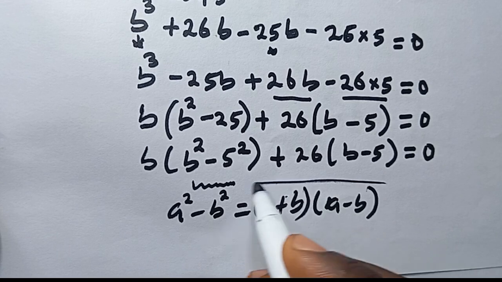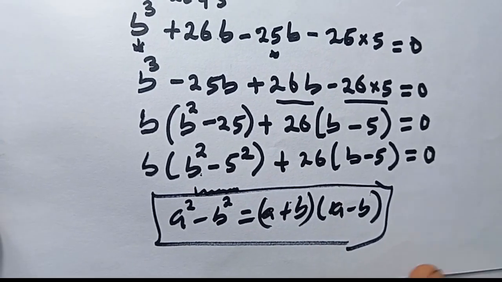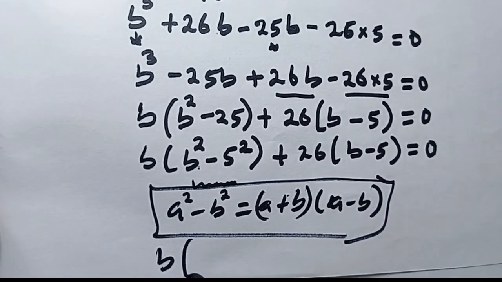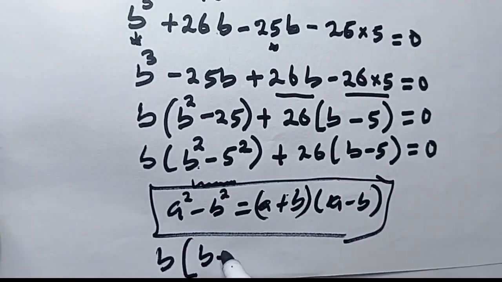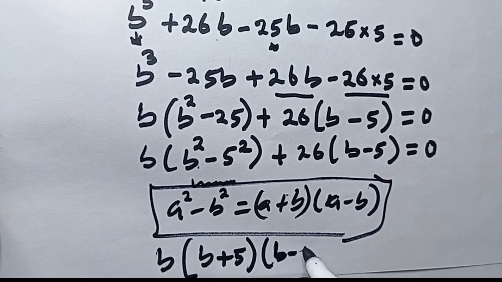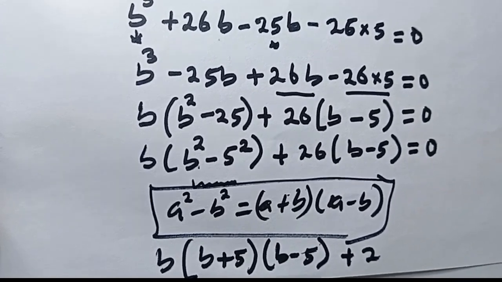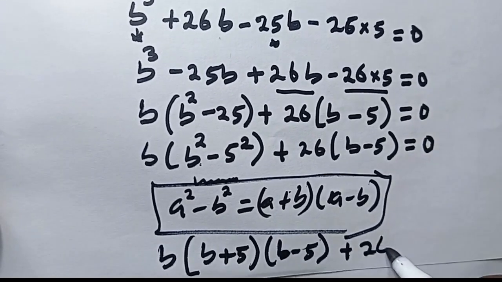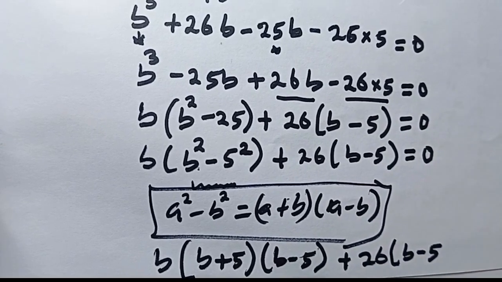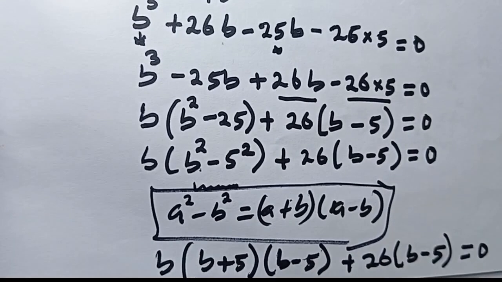So I'm going to be using this rule on this side. And if I do that, what I'm going to be having is b(b + 5)(b - 5) + 26(b - 5) = 0.